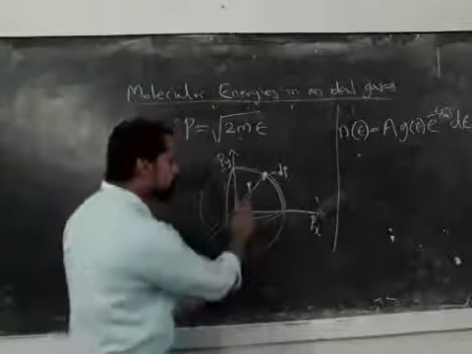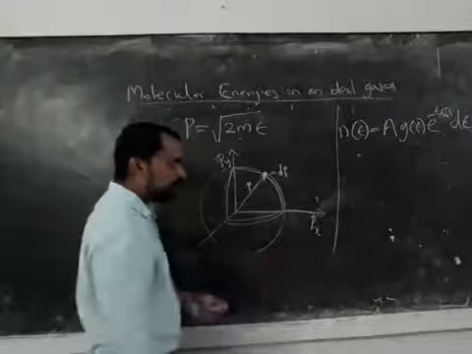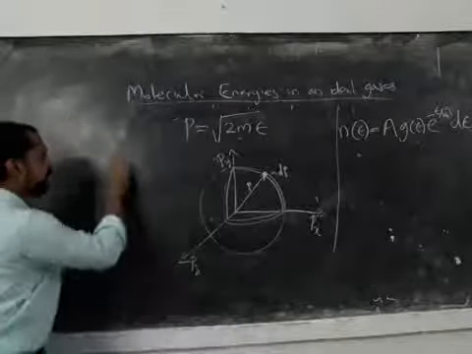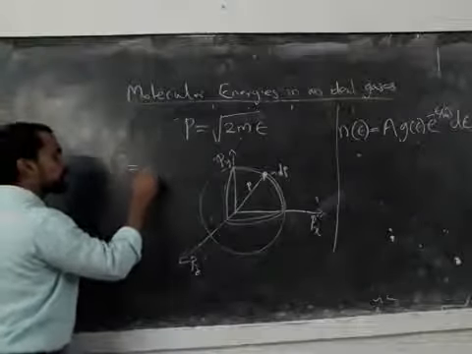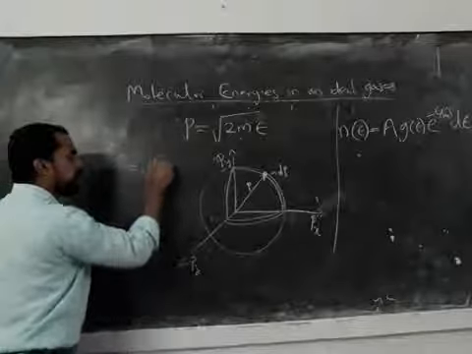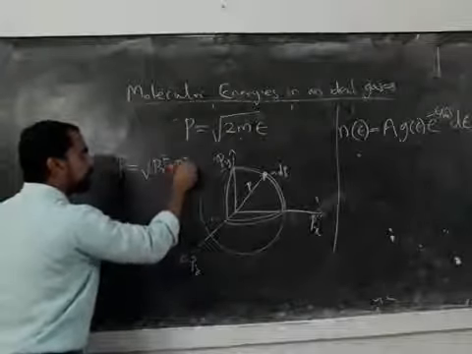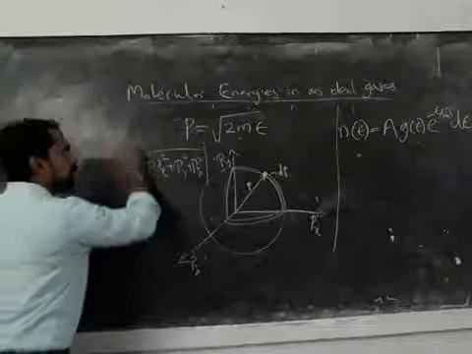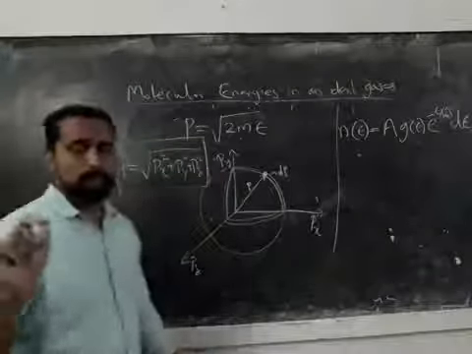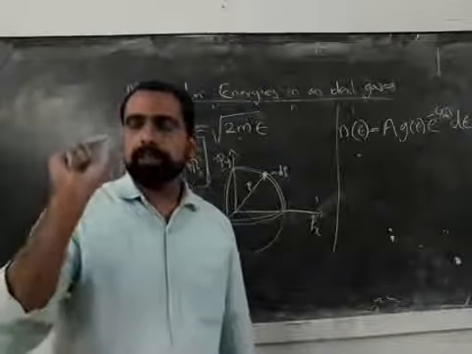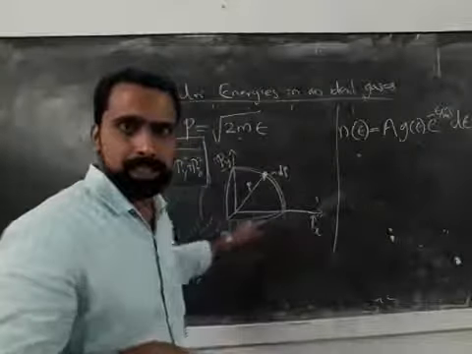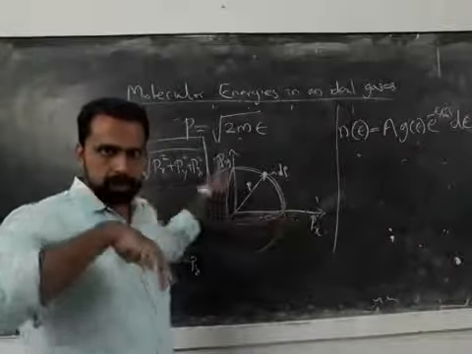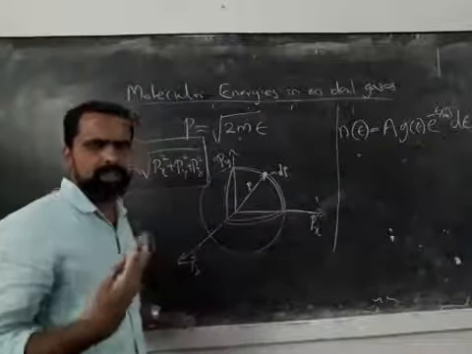You can write this p in this manner as well. Your p is equal to square root of px square plus py square plus pz square, isn't it? You have to remember you are playing in a phase space, which means your axes are px, py, pz, or simply you can say momentum space.